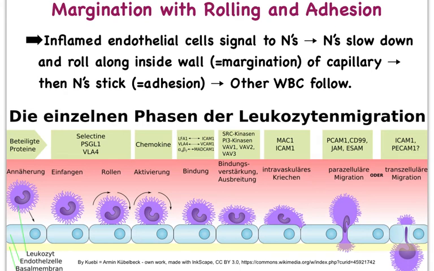And by no means do you need to know all of these chemicals that are listed here, right? But what you do need to recognize is that in the red here, if you can see red, you might not have a colored picture in front of you, but this is the inside of the blood vessel, the capillary. And here is a white blood cell. You pretend it's a neutrophil.